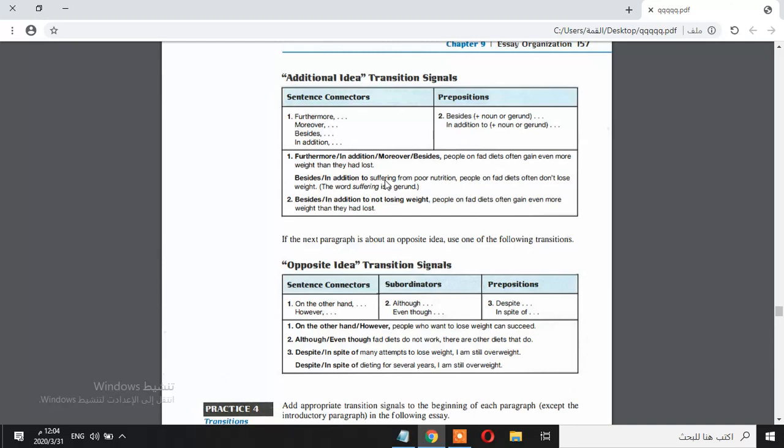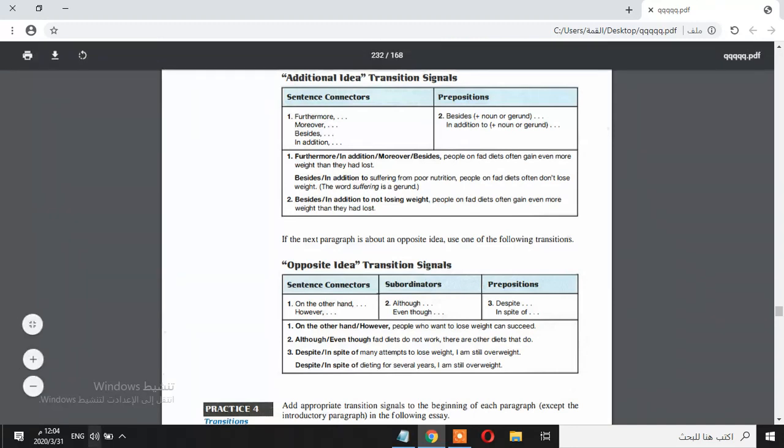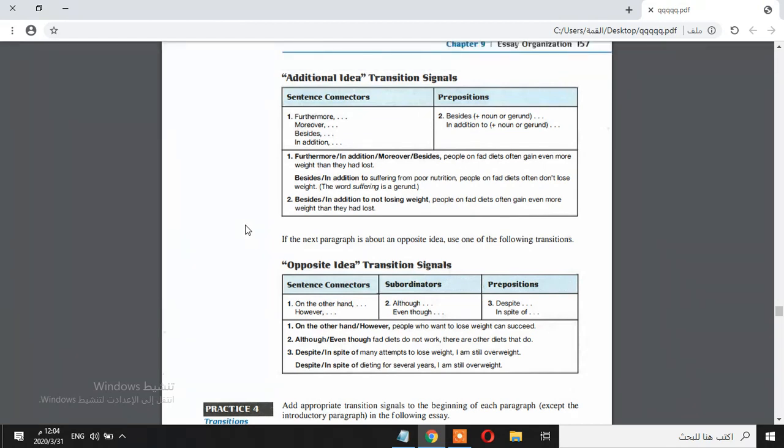Although fad diets do not work, comma, there are other diets that do. Here, fad diets do not work. This is the complete sentence, the main clause. Yes, no, sorry, the subordinate clause. Even though, although fad diets do not work, comma, there are other diets that do.